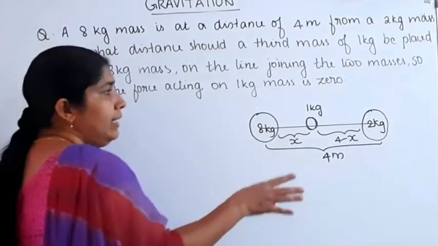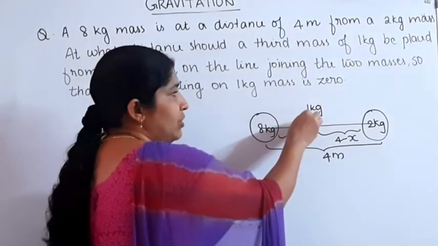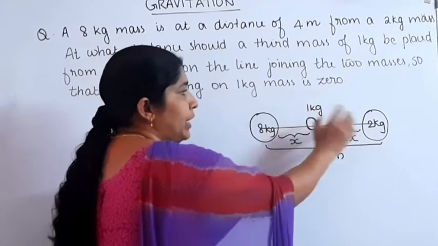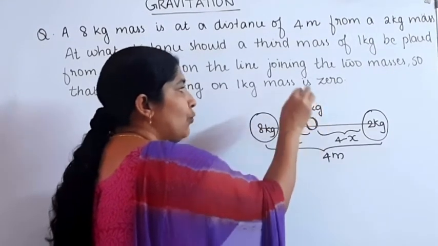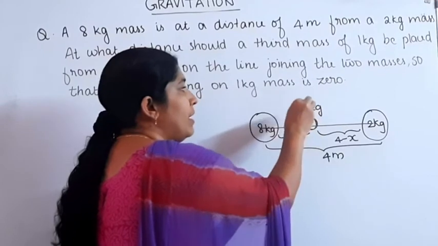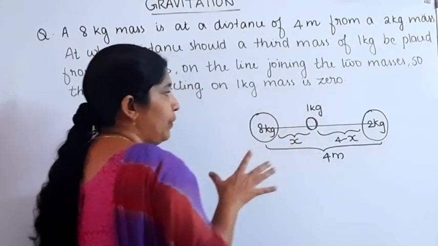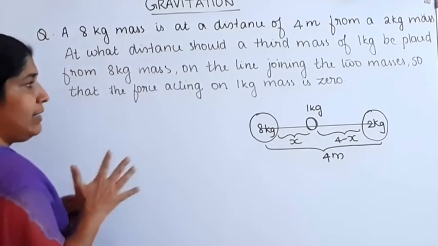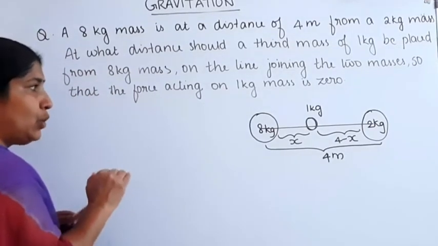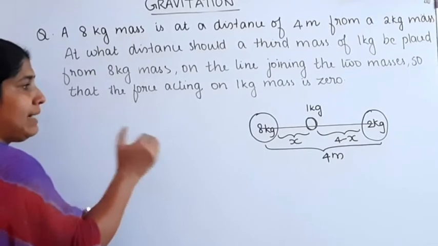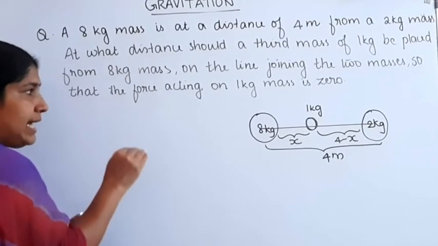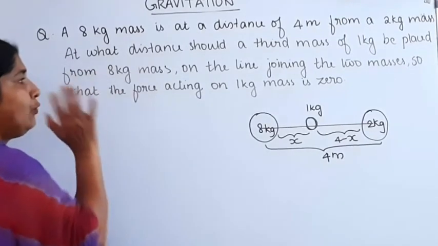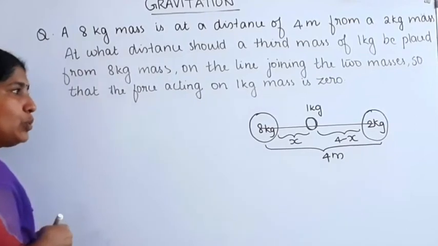We don't know the distance from 8 kg. We want to find out the distance from 8 kg where the 1 kg mass is placed so that the force acting on it becomes equal to 0.